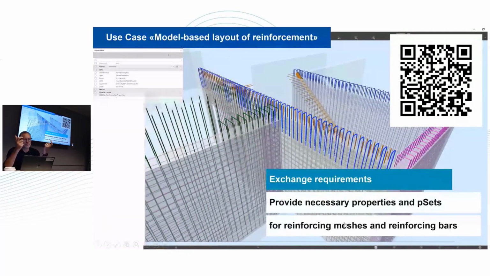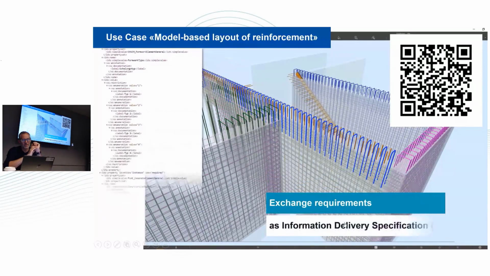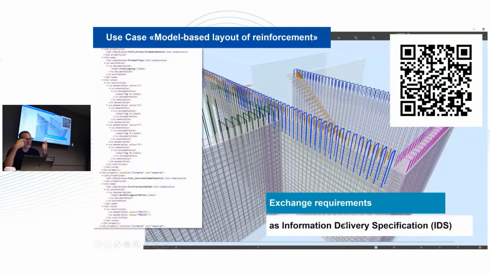In this case, we want to have the right information for the reinforcement, and you can define it on the use case management platform with all processes and all exchange requirements, and export it into the IDS. Then you can give it into the whole design and execution process, and use it as a checking basis, as we have seen from Min, for example, on quite a few projects, so that you can check against your requirements. So this is really from an end-to-end perspective.